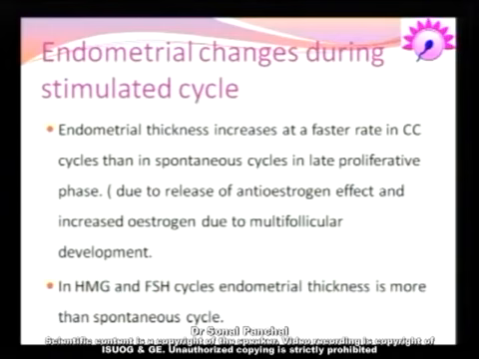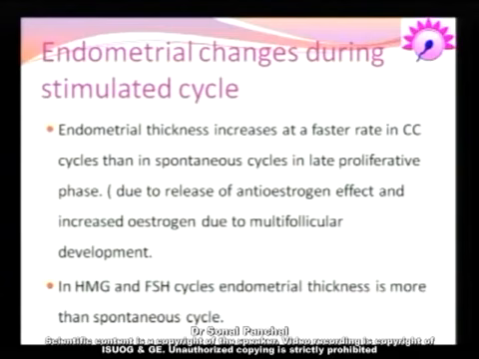In the CC cycle, it is faster in the later phase of the proliferation. You know that is because of sudden withdrawal of the anti-estrogenic effect of CC. CC we usually give from 5 to 9 days, and as soon as that is withdrawn, the anti-estrogenic effect starts falling, and therefore the endometrium starts growing at a faster pace.